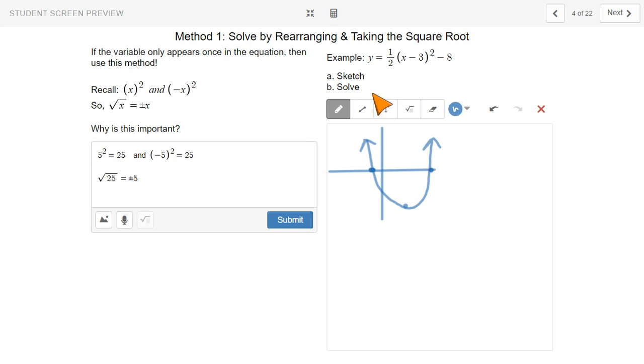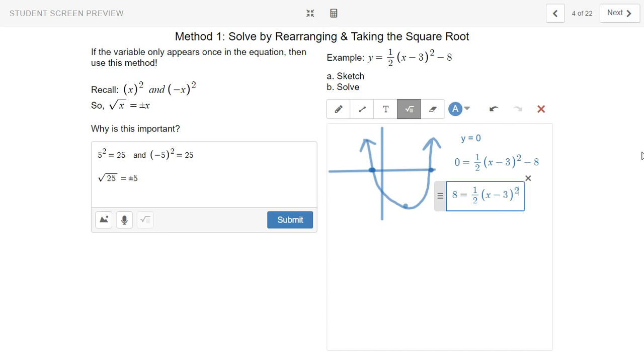Let's solve. Solving for the x-intercept, I need to substitute y is equal to 0. So I have 0 equals half bracket x minus 3 squared minus 8. Let's rearrange it. 8 is equal to half times x minus 3 squared.